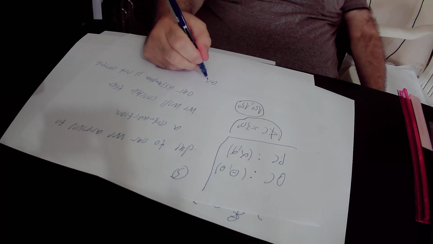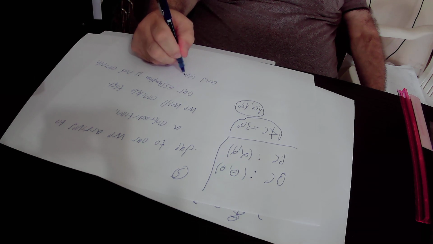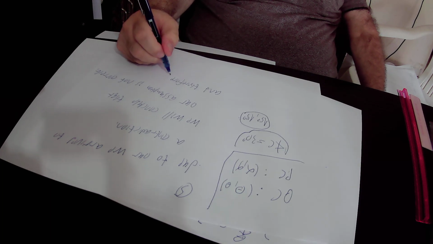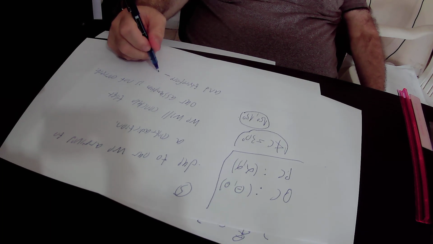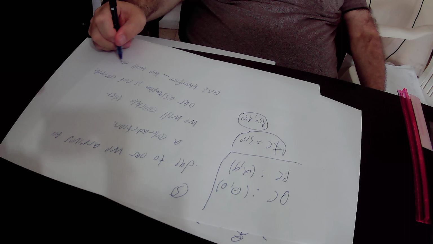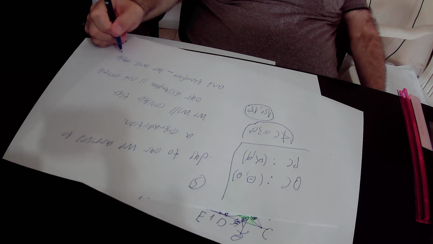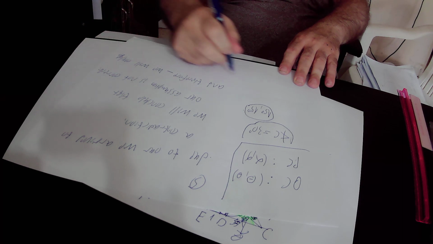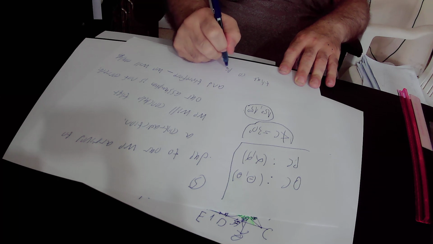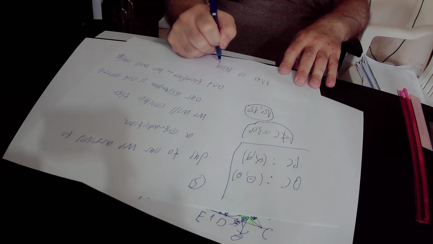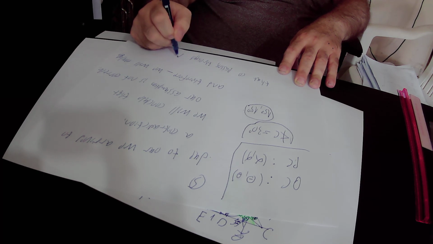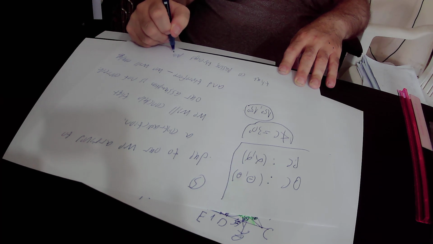And therefore, we will conclude that the angle bisector CO passes through point P. We finished with the proof.